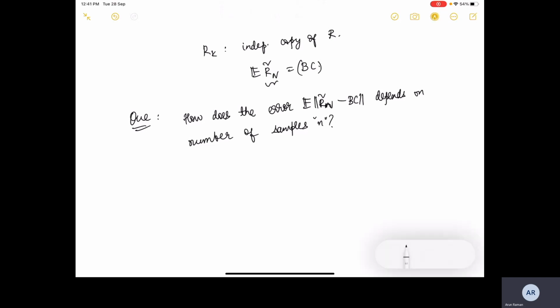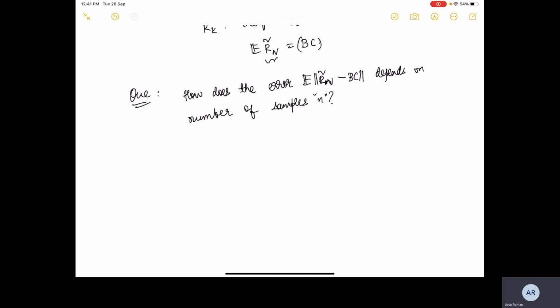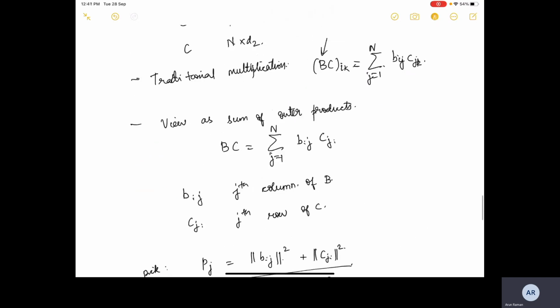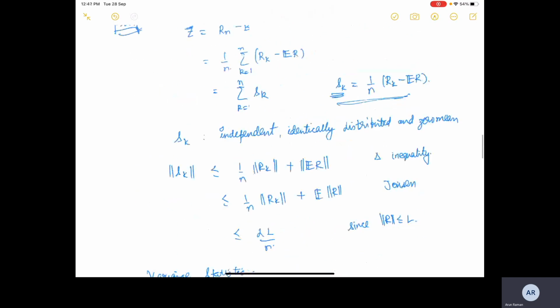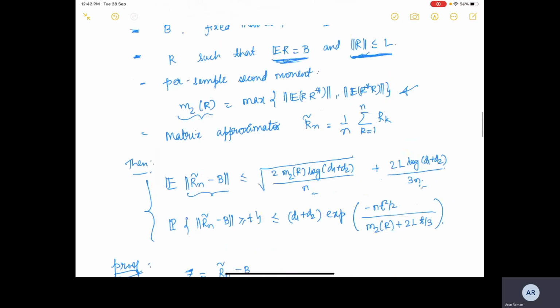So next we'll move on to the analysis part. Because we already have the result for the corollary, all we have to do is some analysis so that we can directly apply the result of the corollary. In the corollary which we saw, we had these conditions.